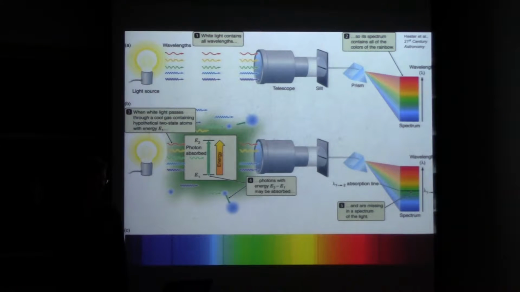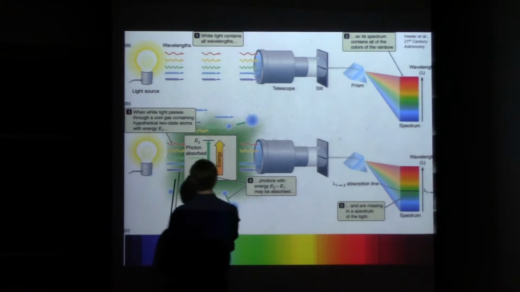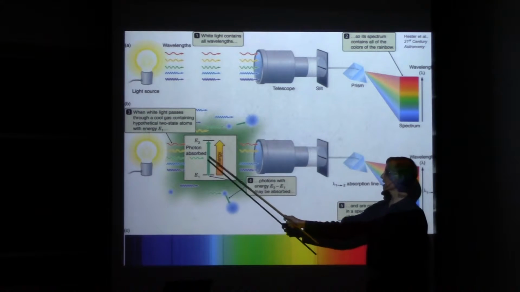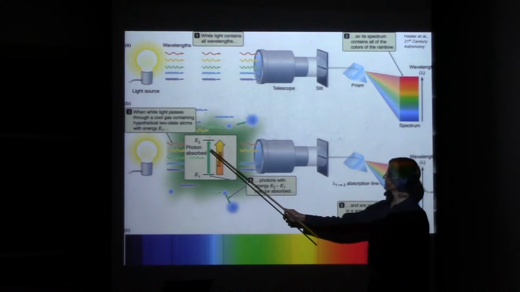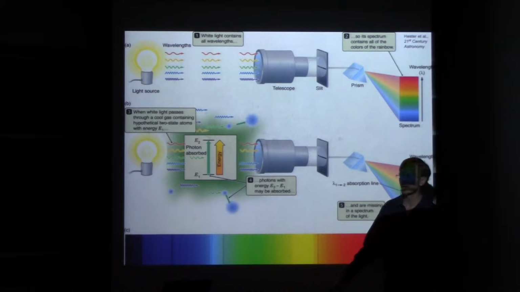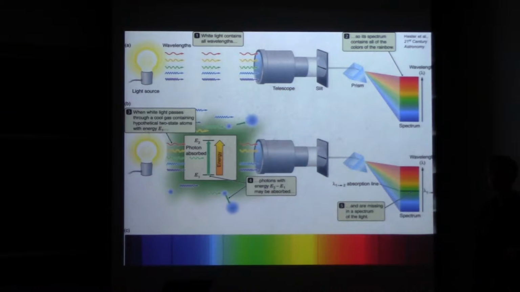And similarly, if I have a source of continuous spectrum, every wavelength is being emitted, and then I have a gas of those atoms in front of it, then the photons that have the right energy to cause the transition can be absorbed by those atoms and then spat out in other random directions so that they are removed from the beam.